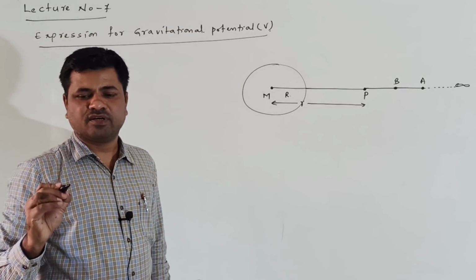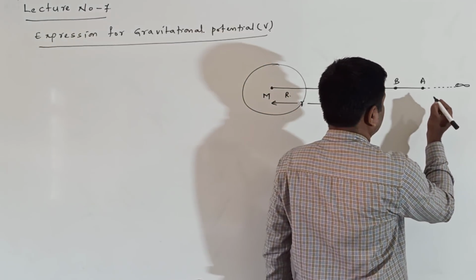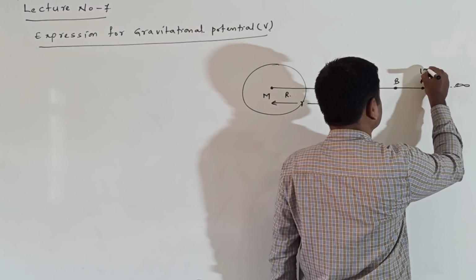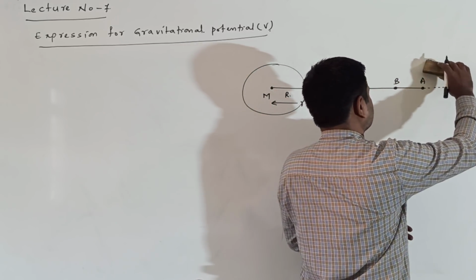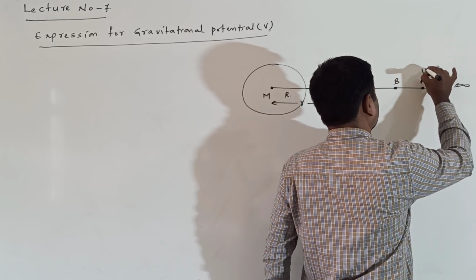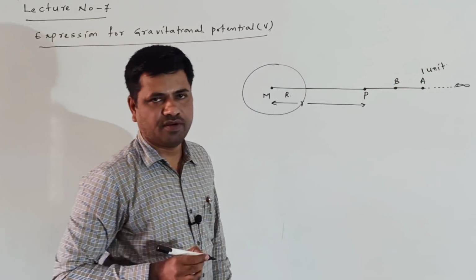Now, listen here. First of all, the unit mass means mass is equal to 1 unit, m equal to 1 unit.